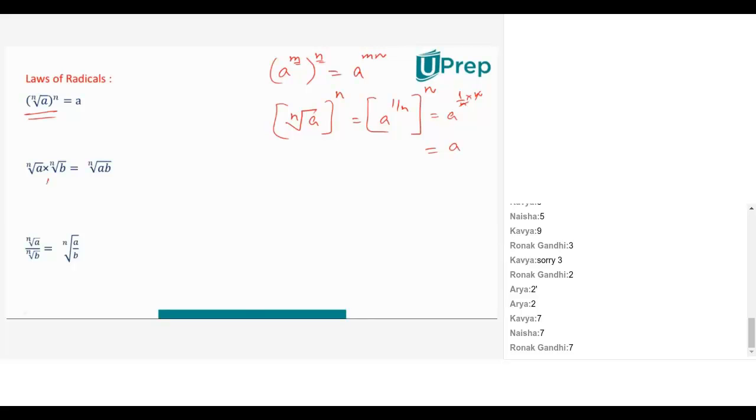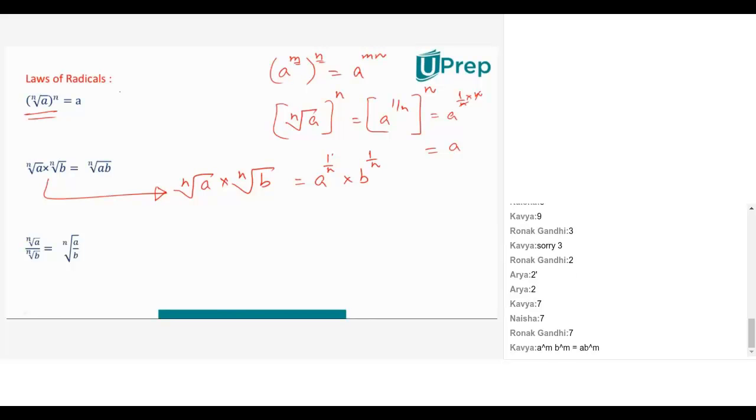Now coming to this formula, this is also not rocket science. Nth root of a multiplied with nth root of b. Nth root of a is nothing but a to the power of 1 by n, multiplied with b to the power of 1 by n. If you can see, the powers are same. What is the formula that will come to your mind? It is a power m into b power m.